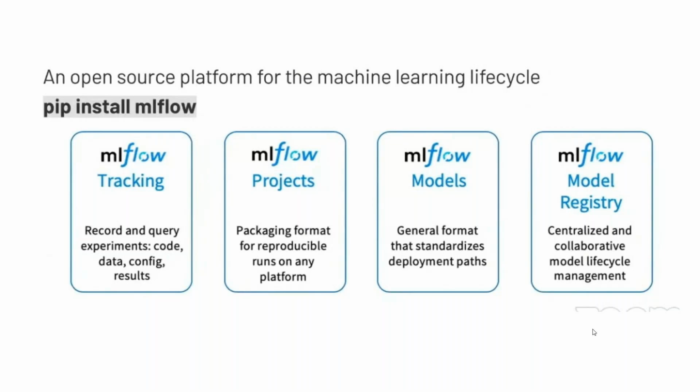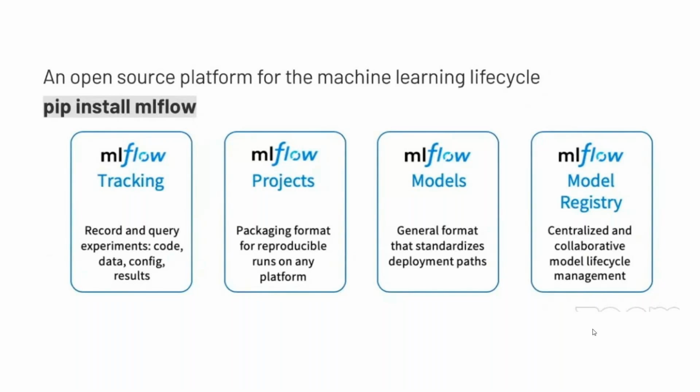How can you install open source MLflow? You use the command line: pip install mlflow, which will install the libraries, and after that you say mlflow ui, which will open up the UI at port number 5000. I'll show you that in the demo as well.